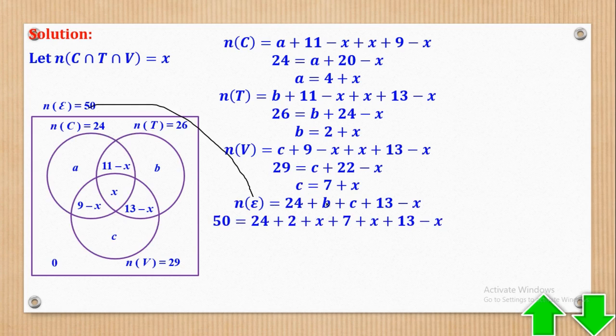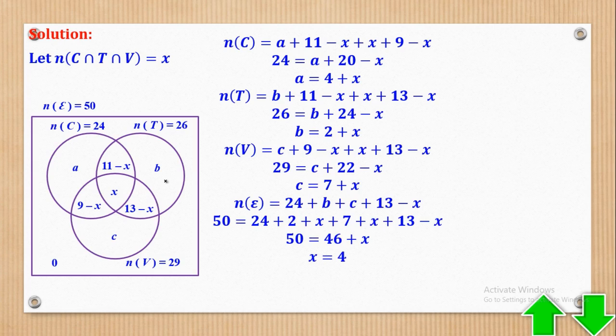So B was got as this and C was got as this, so we substitute for B and for C and for total. Next is collect like terms. So add 24 plus this plus this plus that will give you 46. Then this and this cancel, you remain with positive x. Then this side it is 50. Next is to make x the subject, so x will be 4.